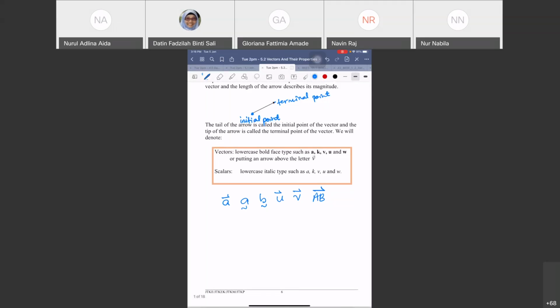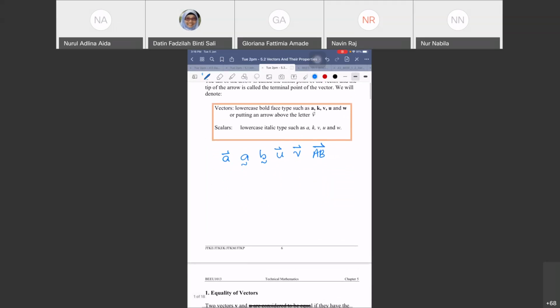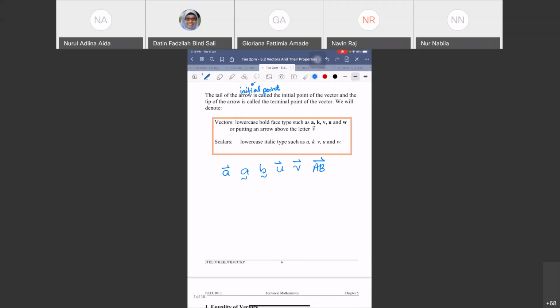And then in terms of terminology for vectors, vector in space. If I'm referring to my three-dimensional space, you may have vectors.